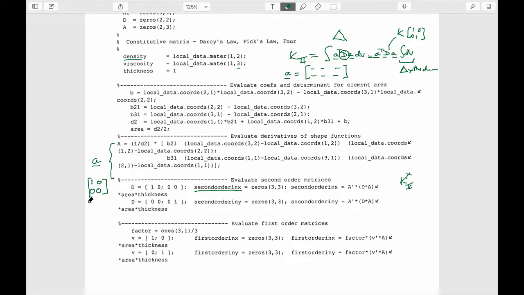If we multiply it by a D matrix which, instead of being a 1 here, is a 0, 0, 0, 1, which is this here.